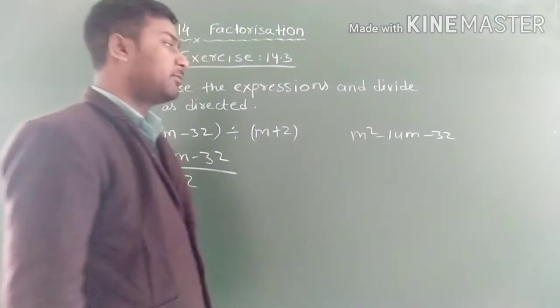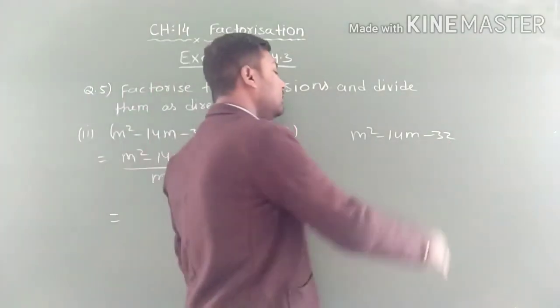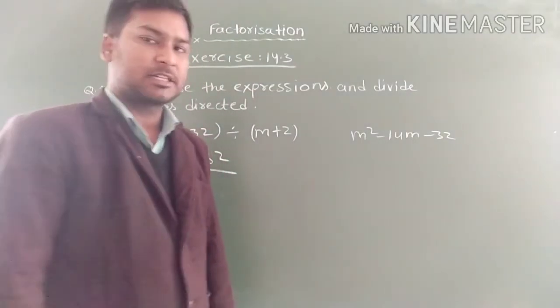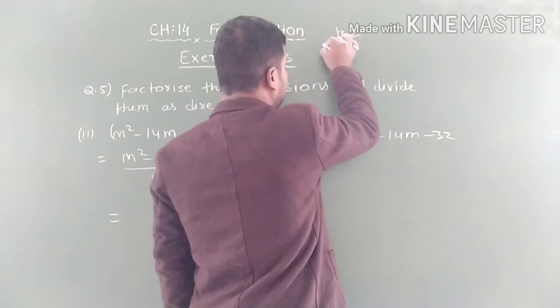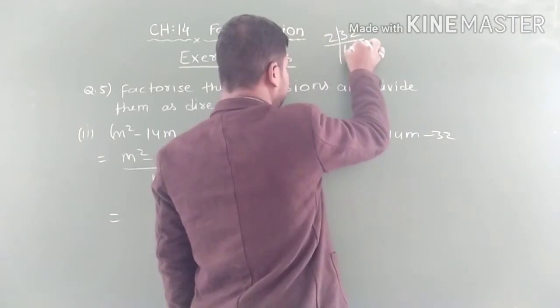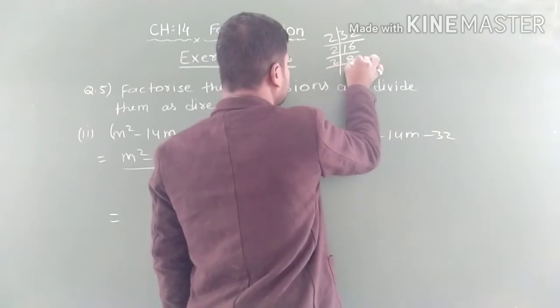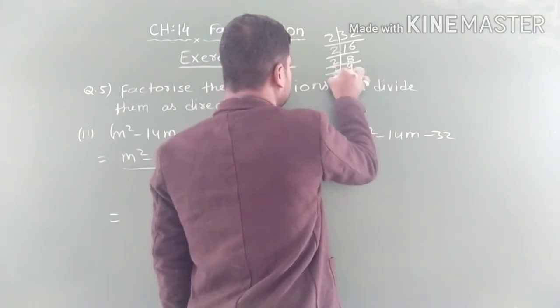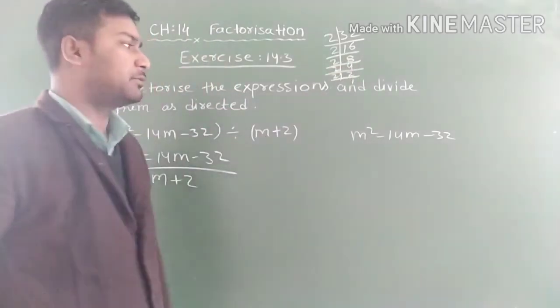Now again we have to find the two numbers. On multiplication it will be 32, and on addition and subtraction it will be 14. So the factor of 32 will be 2 into 2 into 2 into 2 into 2, 5 times 2.